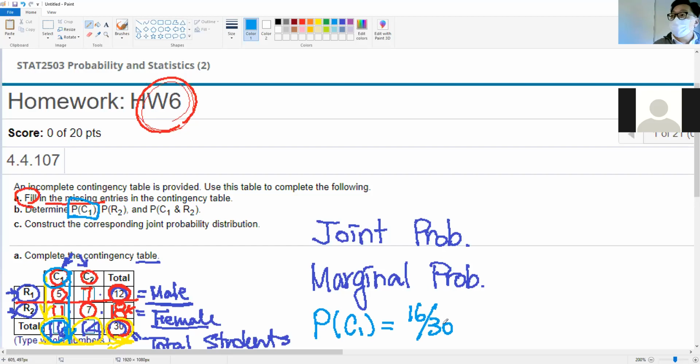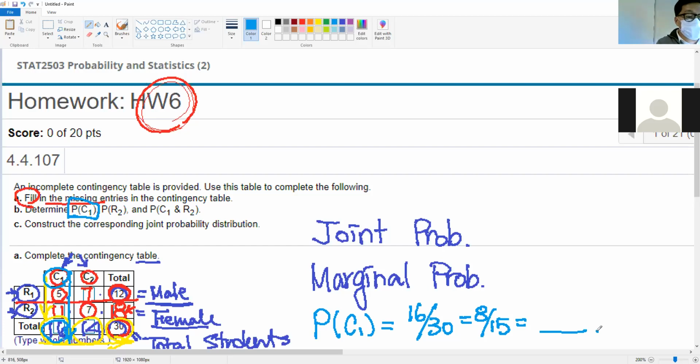Probably my lab asks us to simplify the fractions or the decimals, right? So it will be 8 out of 15, or you can take the decimals.